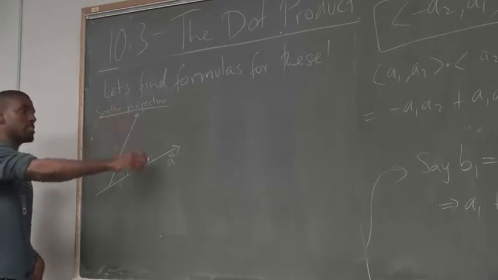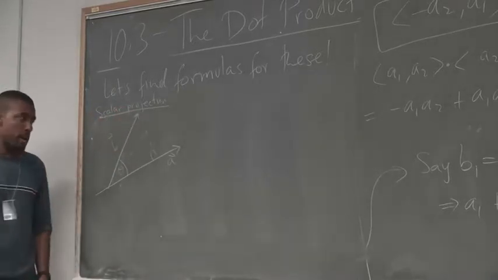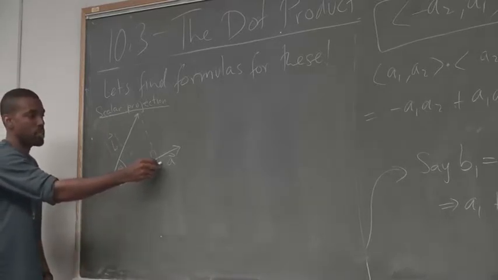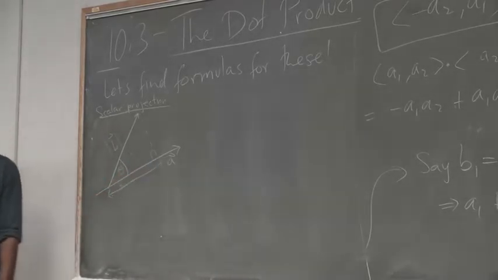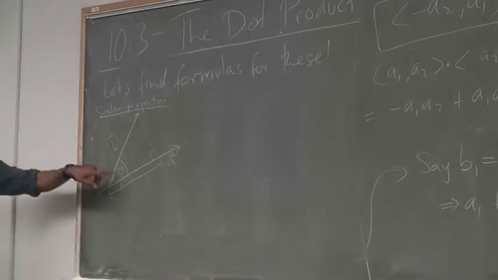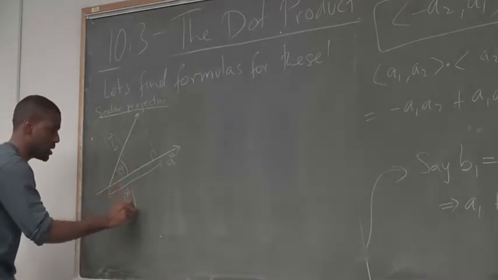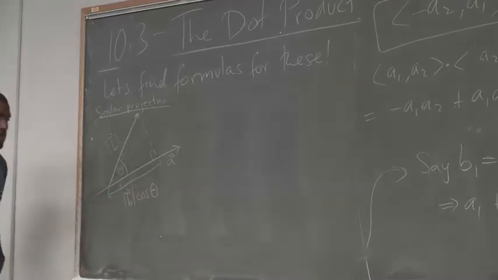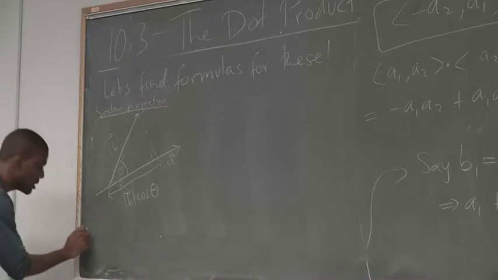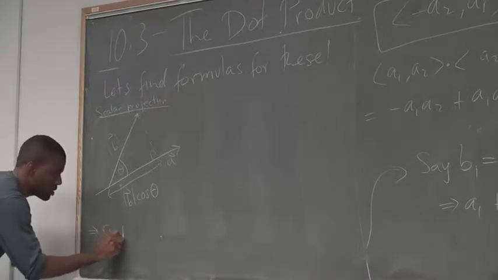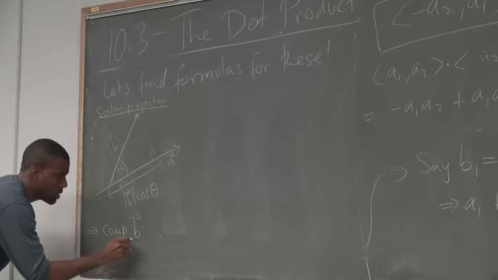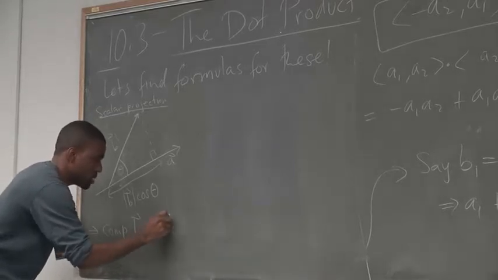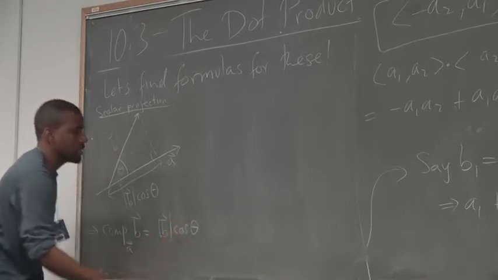Exactly. I'm doing the scalar projection, so we're thinking in terms of magnitudes here. Think of this as the magnitude of B, and I want to find the magnitude of the base. Now if I put a theta in here, this is just magnitude of B cosine theta. This means that the component of B onto A is going to be the magnitude of B cosine theta.